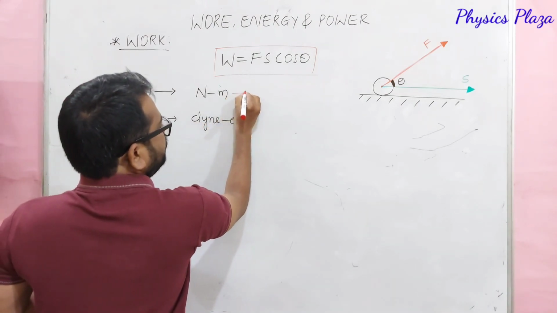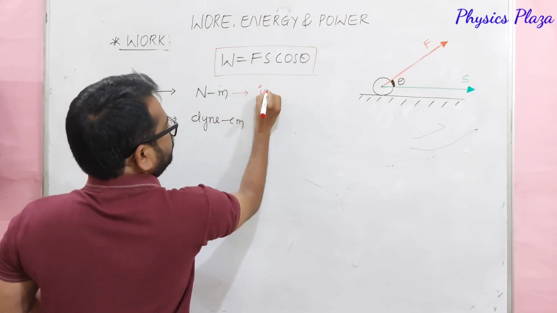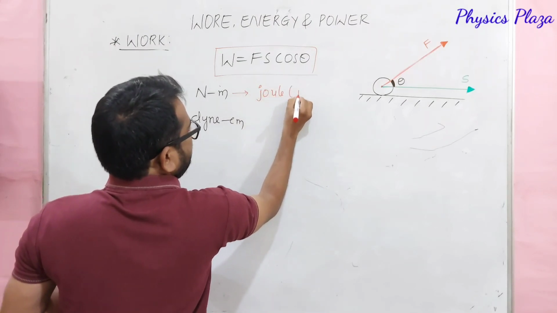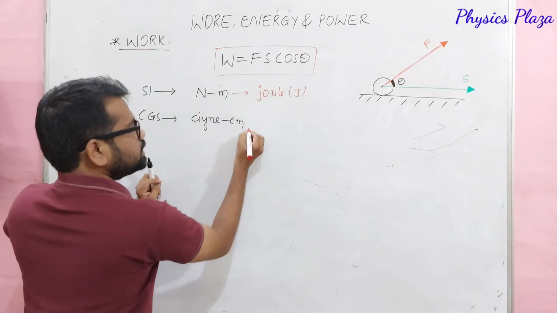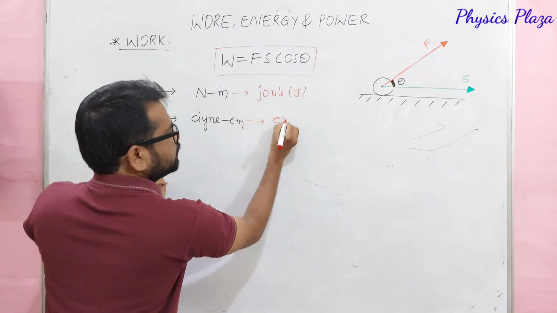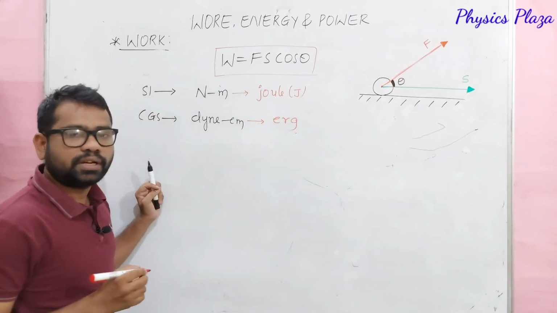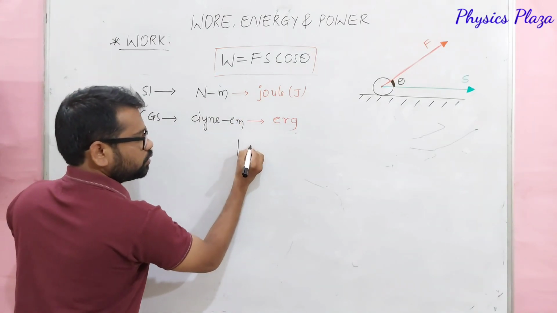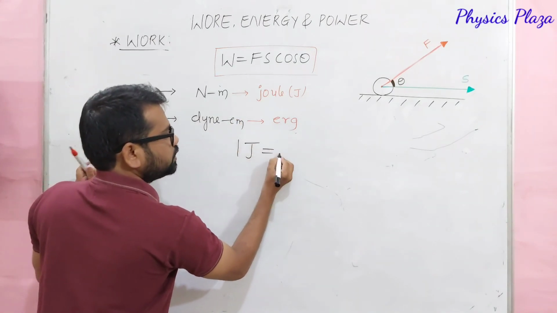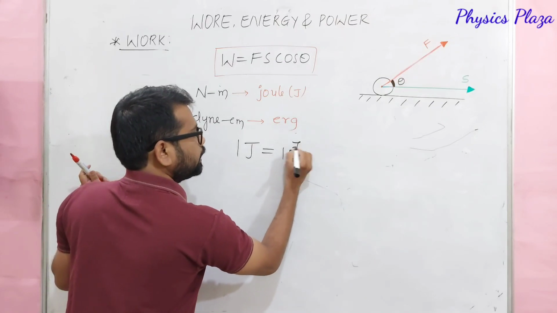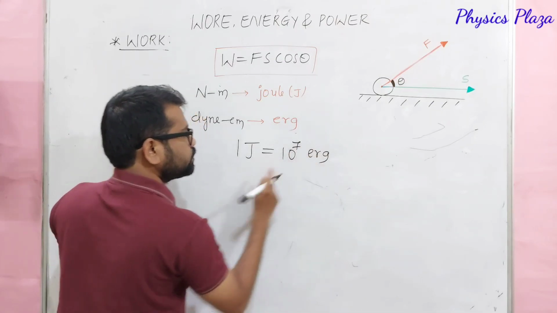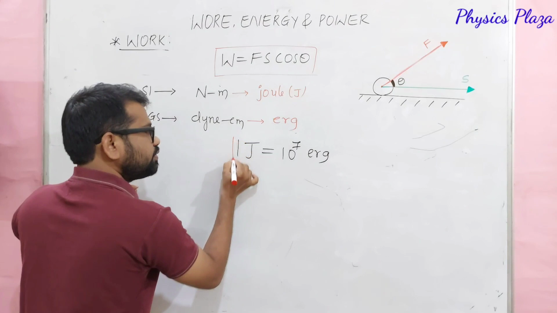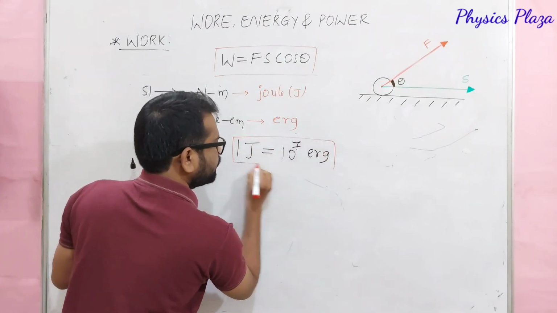This newton meter we call a joule, represented with a capital J, whereas this dyne centimeter we call an erg. How these two are related is very important. 1 joule is equal to 10 power 7 erg. It is a very important relation which we use when solving numericals.